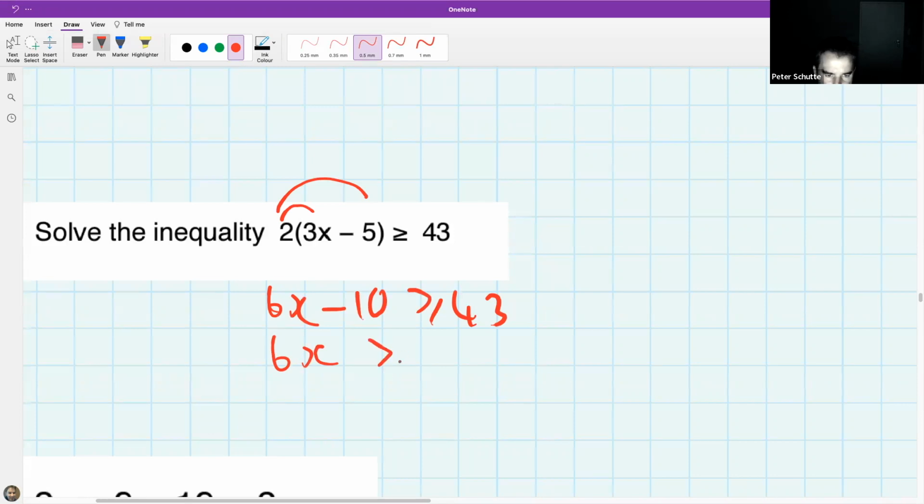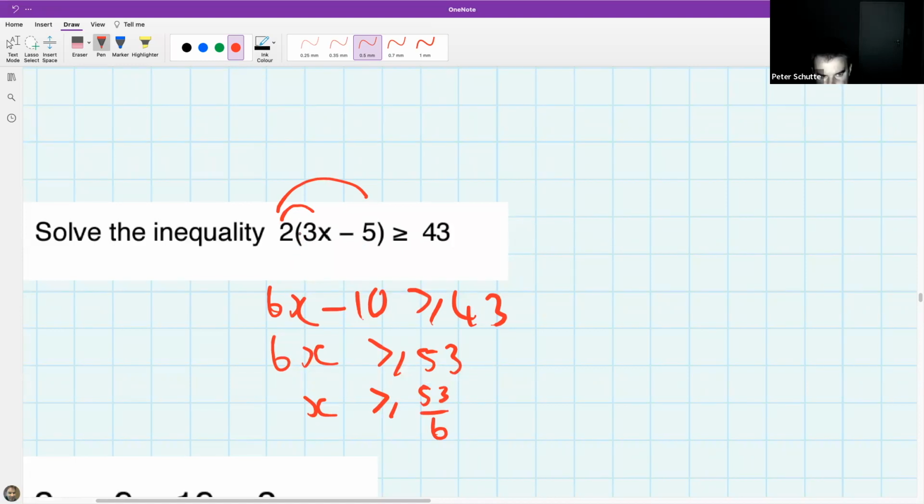So I think you get that. And then you get that. So I got the minus 10 by multiplying out.